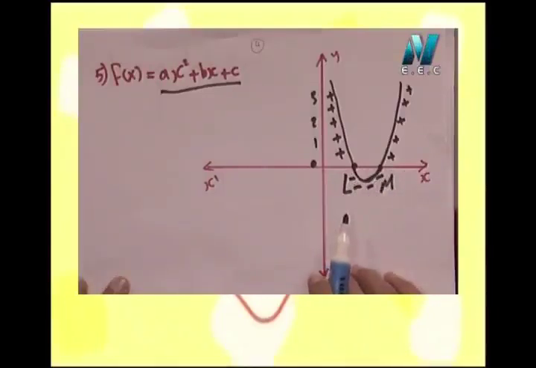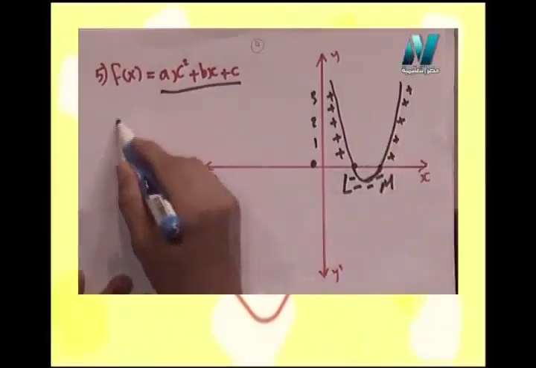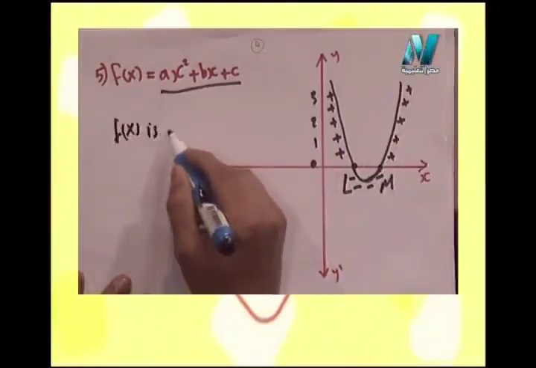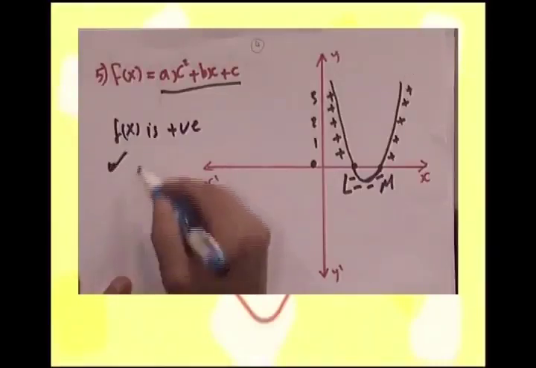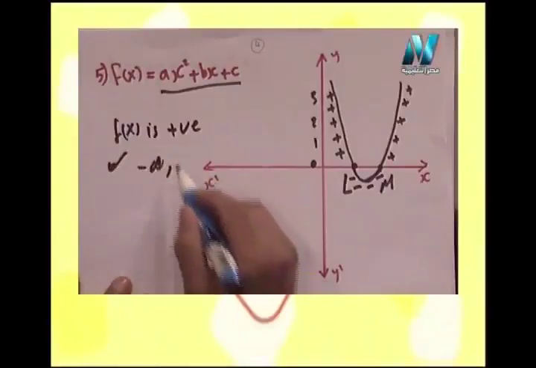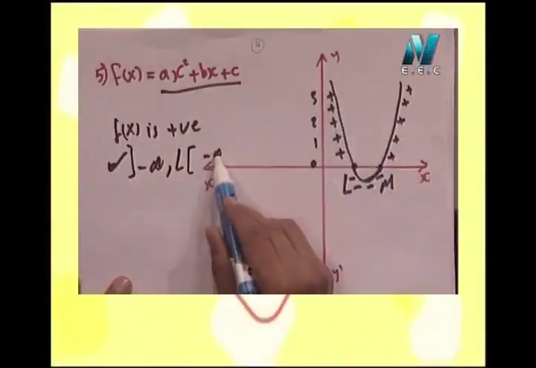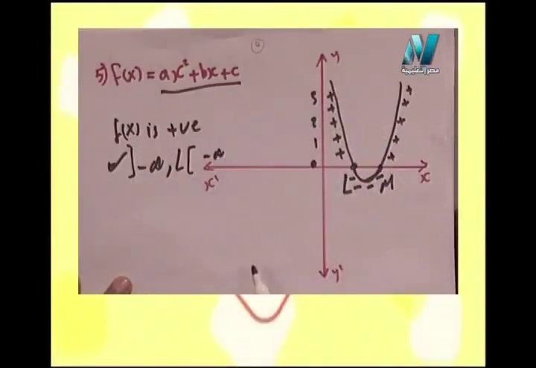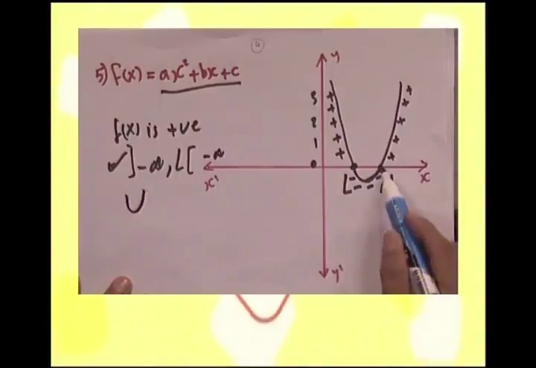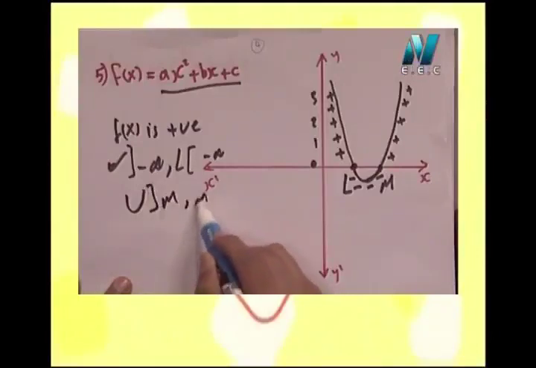So if we would like to discuss the sign of it, we will say that this function f(x) is positive for all x in negative infinity to L, open, which is the first root of the quadratic equation, and union this part, from M open to infinity.